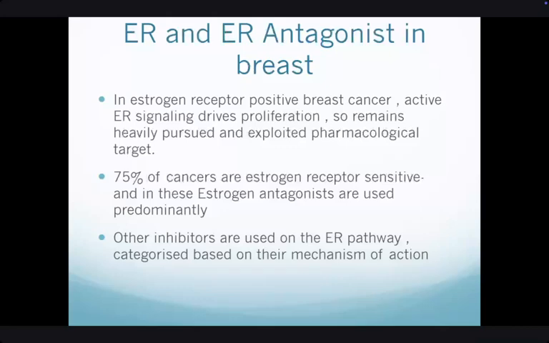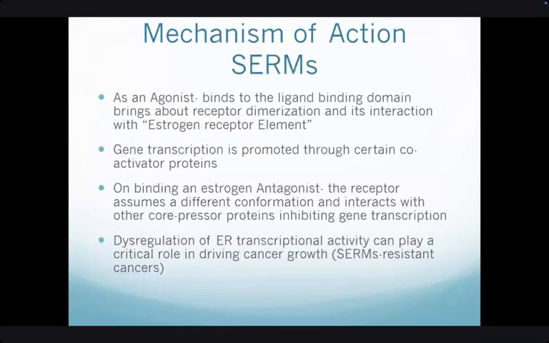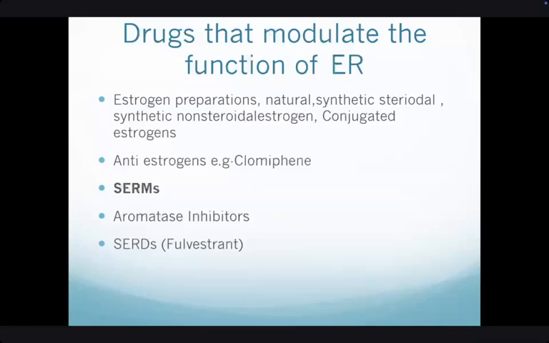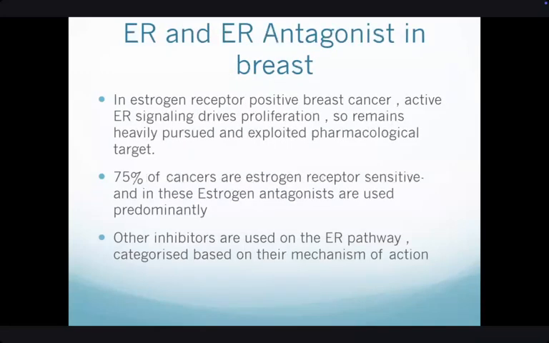In estrogen receptor positive breast cancer, for example, active ER signaling drives proliferation, so it remains a heavily pursued and exploited pharmacological target. 75% of cancers are estrogen receptor sensitive, and in these, estrogen antagonists are used predominantly.